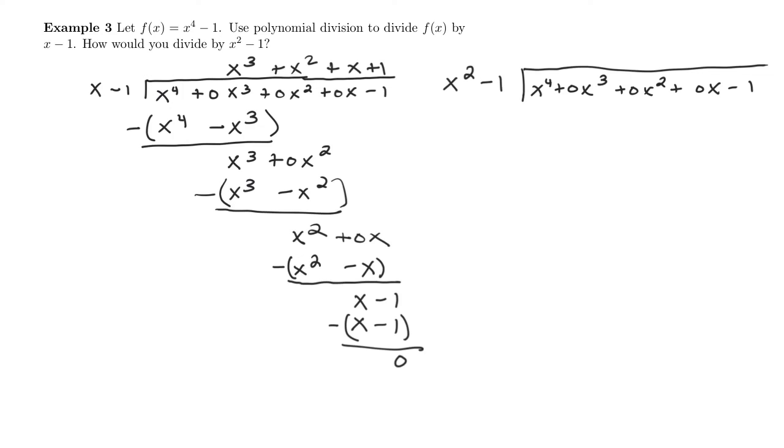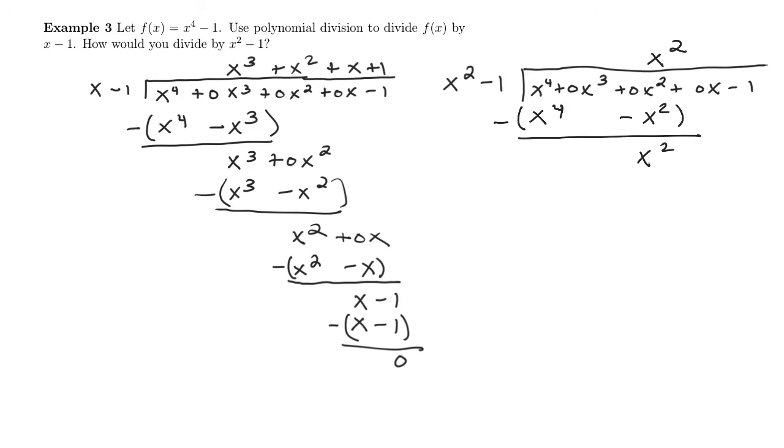So what I'm going to do is ask myself, all right, if I want to get an x to the fourth, and here I have an x squared, what do I multiply it by to get x to the fourth? And this time the answer is an x squared. You get x to the fourth, but you get minus x squared, so that when you take the difference, you have an x squared.